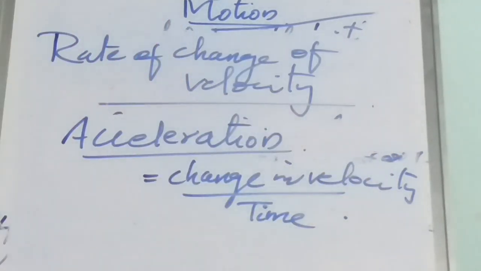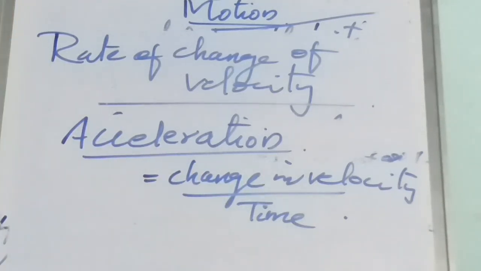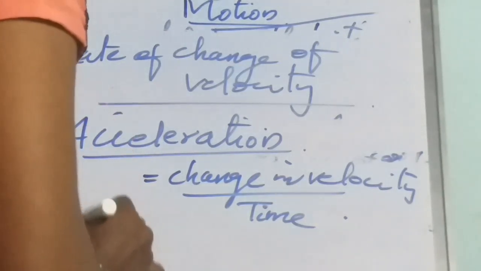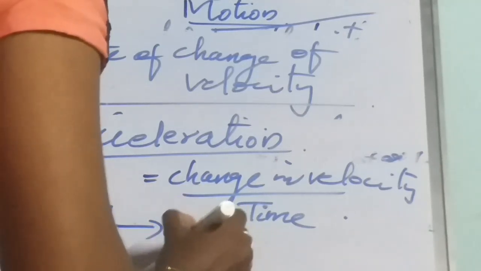Acceleration is a measure of the change in velocity of an object per unit time. Next, suppose the velocity of an object changes from an initial value u, that is, initially the object moves with velocity u.